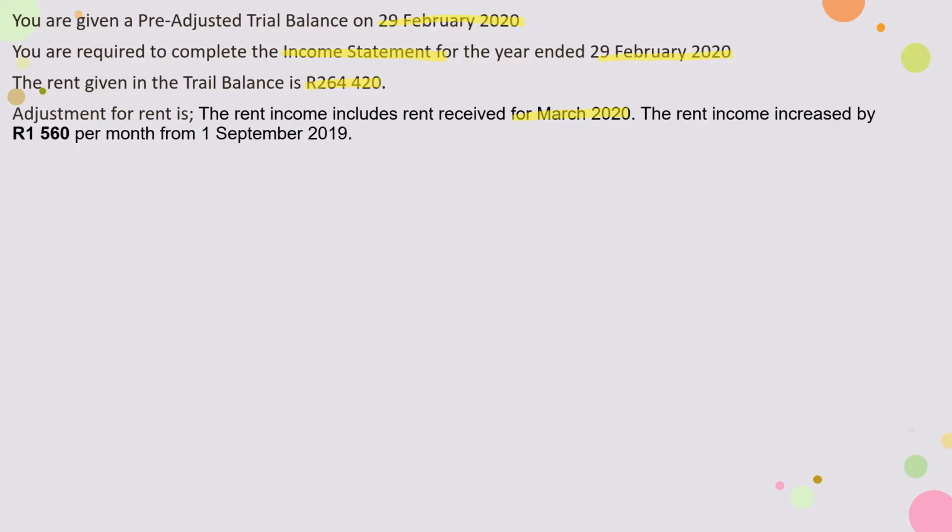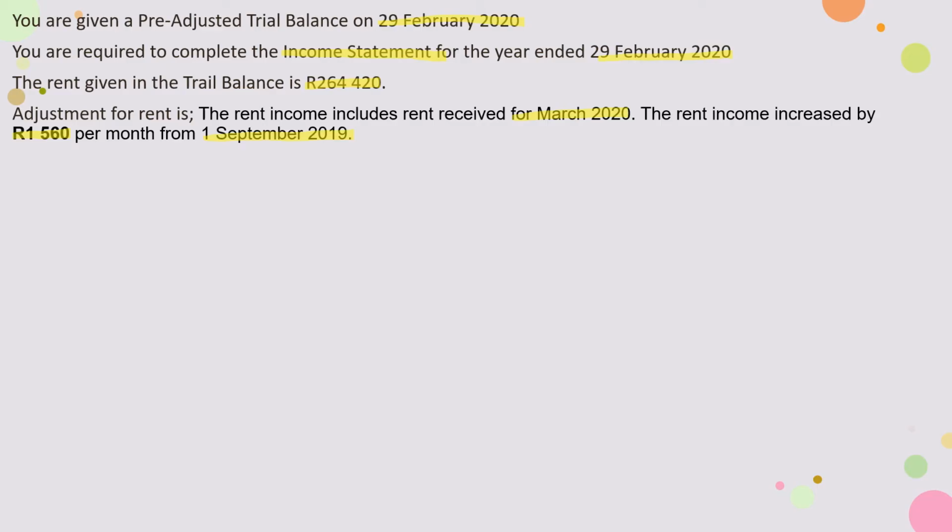So we need to calculate how much rent was for March and remove it from our current year income statement, in terms of the rental income. Then the rent income increased by 1,560 per month from 1 September 2019. Okay.